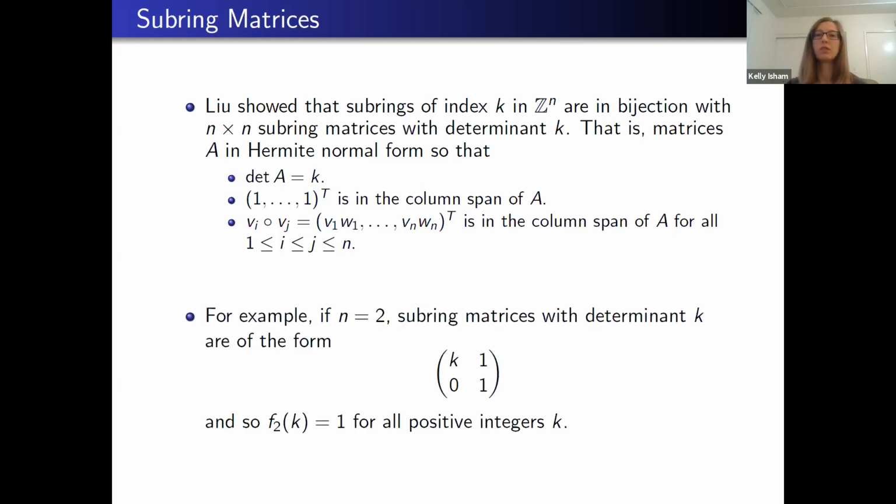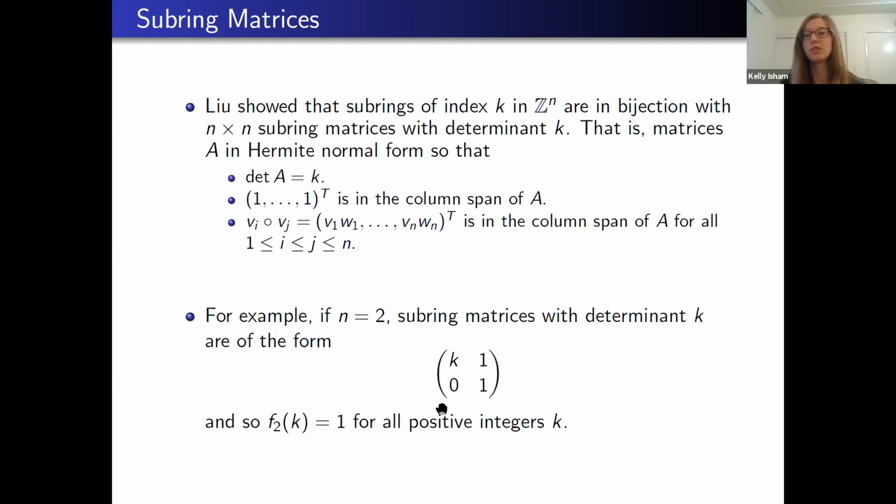So here's kind of a really small example. When n equals 2, it turns out that the second column of this matrix actually just has to be the identity. So if you write out what these closure conditions tell us, this is the column (1, 1). Hermite normal form, one of the pieces of that is the matrix has to be upper triangular.